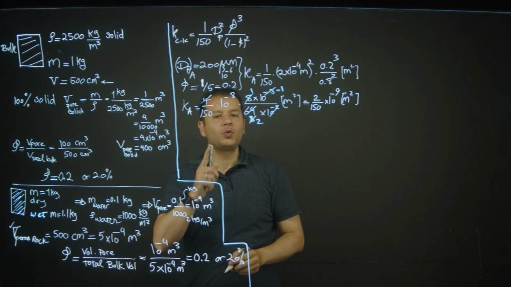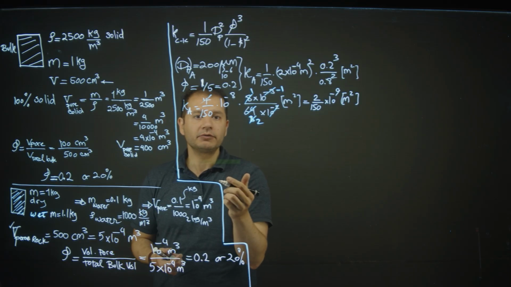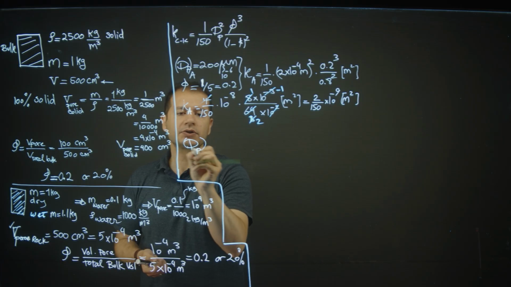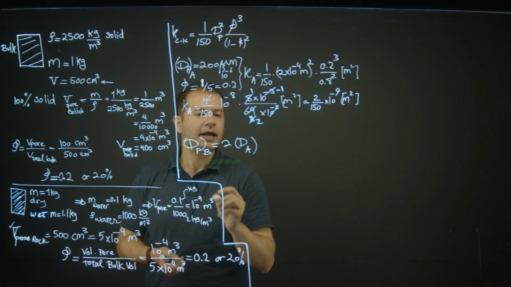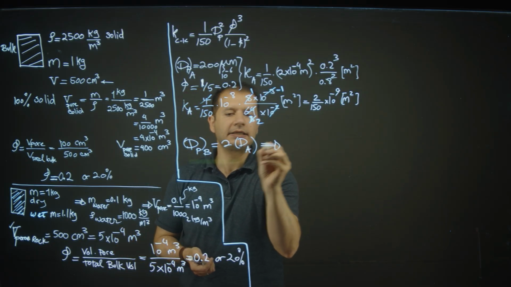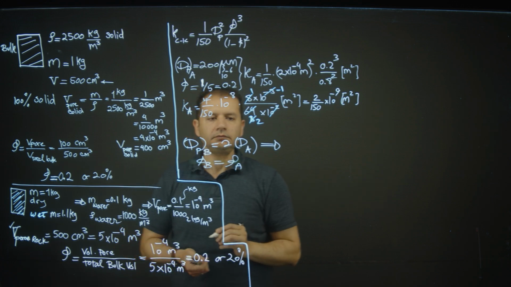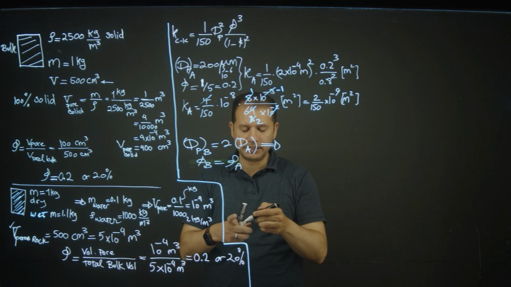Now, one question I have is, for example, you may be asked this. I have another reservoir, another porous rock, in which the grain size for sample B is twice the grain size of sample A, and the porosities are the same. And I'm asked to study the relationship between the permeabilities.